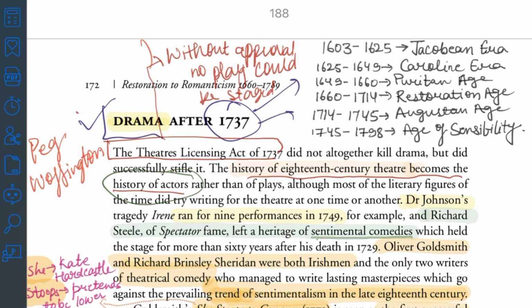So these are the actors who were very famous. At that time they created that kind of fame that people visited the theatre to see them, not for the plays or for any script that a writer was writing.